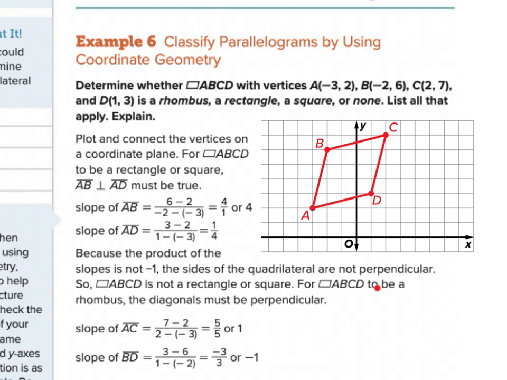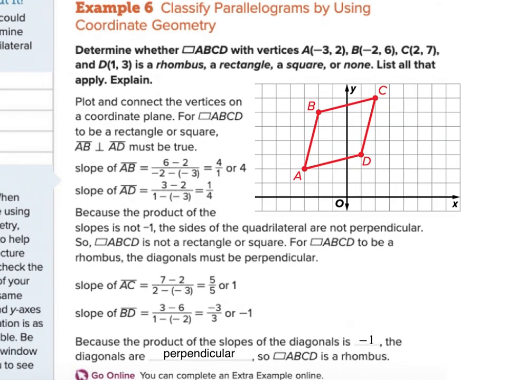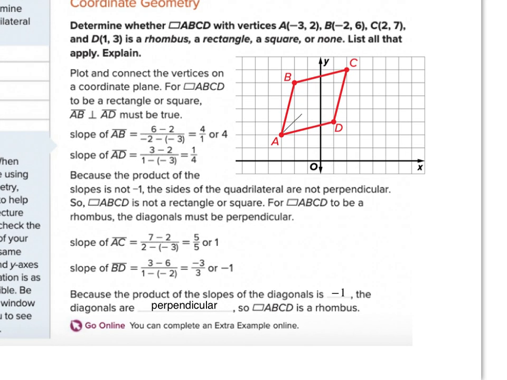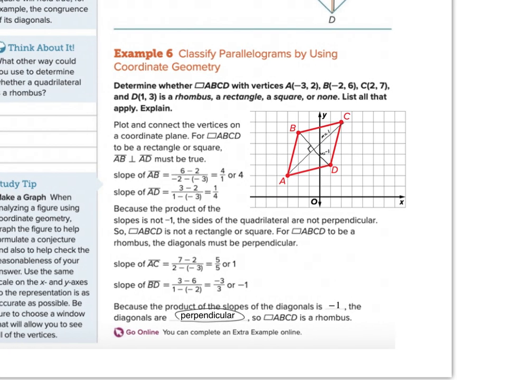But ABCD can be a rhombus. The diagonals must be perpendicular. I can calculate the slope of the diagonals, right? The slope of AC equals 1. The slope of BD is -1, and -1 times 1 is -1, so therefore they intersect at a perpendicular, and that would help us determine that it's a rhombus.